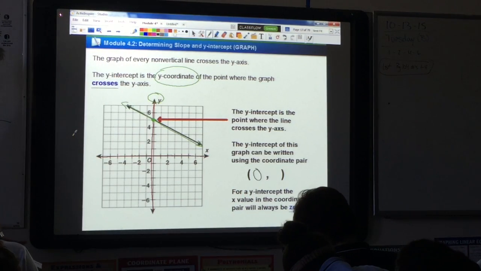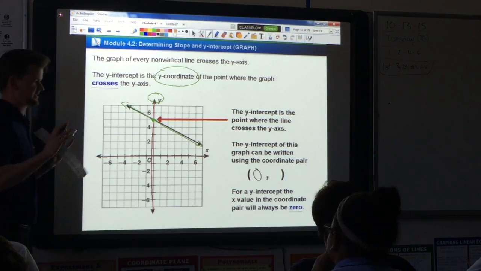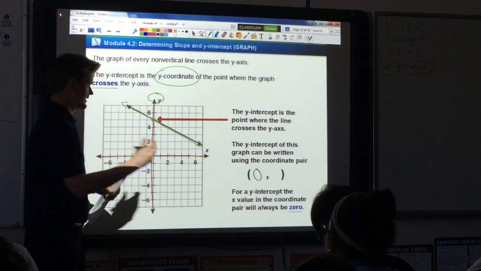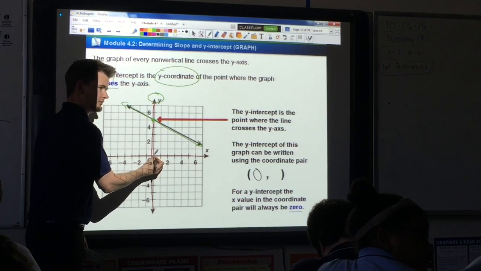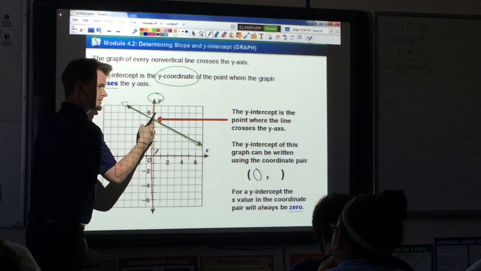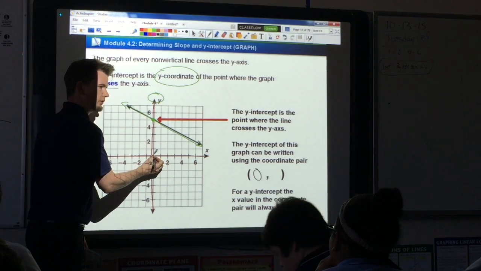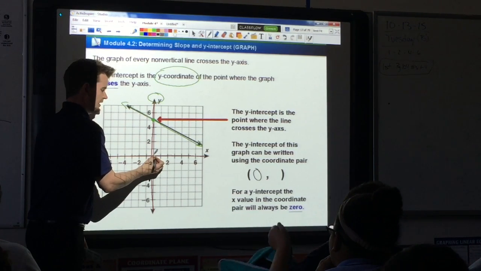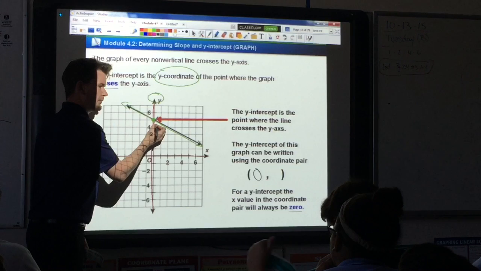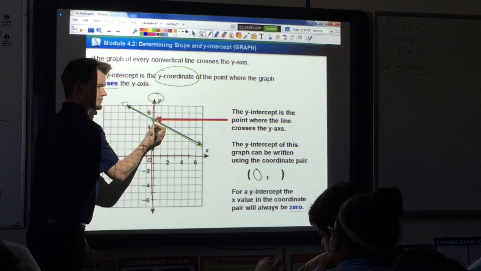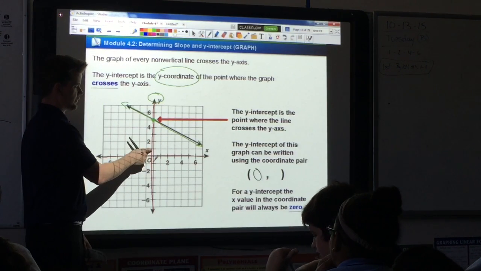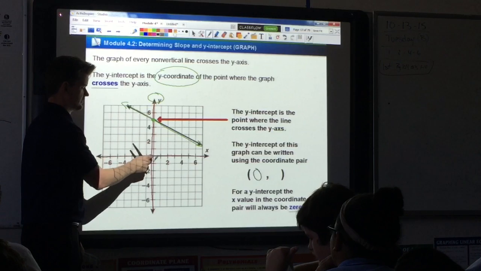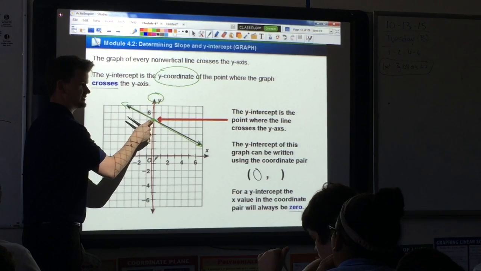Now, how did he get the 5? He started at the origin. To get to this point, did he have to go up or down? Up. And when we start at the origin and go up, is that positive or negative values? Positive. Now this graph is going up by 1: 1, 2, 3, 4, and 5.